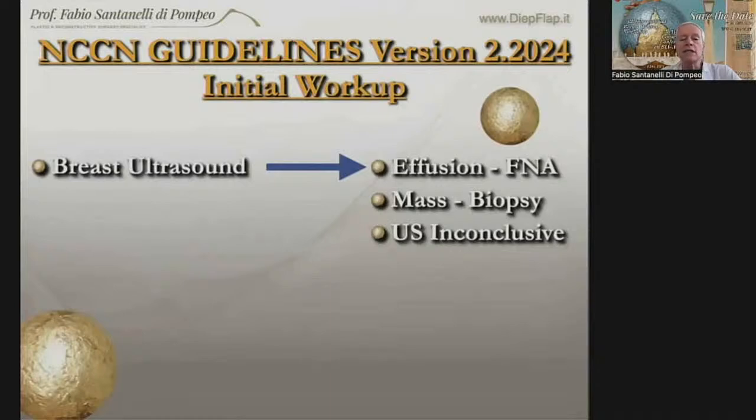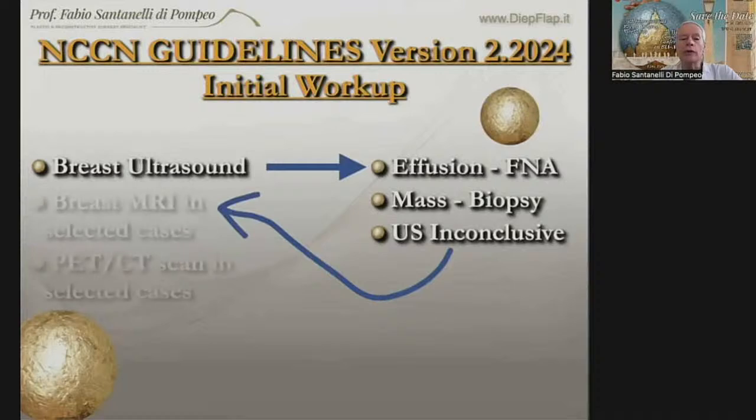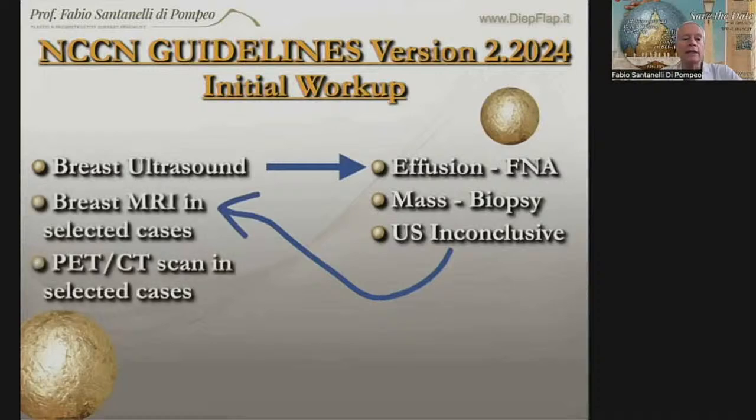In case the study with the ultrasound is inconclusive, then we have to go for more studies like the MRI. MRI should be offered in order to better study also the condition of the implant, whether there is a rupture or failure of the implant, and whether there are masses around the breast or lymph nodes.